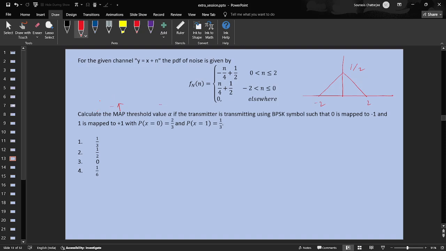MAP stands for maximum a posteriori probability. Okay, and these two probabilities we are given, do they have specific names?